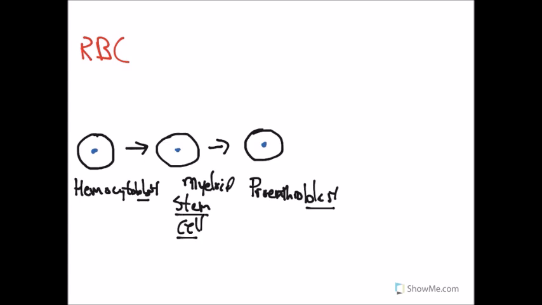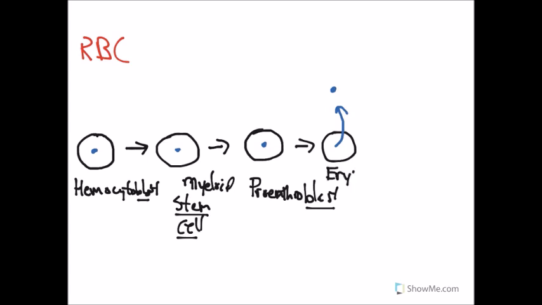What's going to happen then is this cell goes on and differentiates into what is called an erythroblast. Erythroblasts have various stages that we are going to discuss. One of the interesting things is that this is the point where the cell will enucleate and the nucleus is ejected.